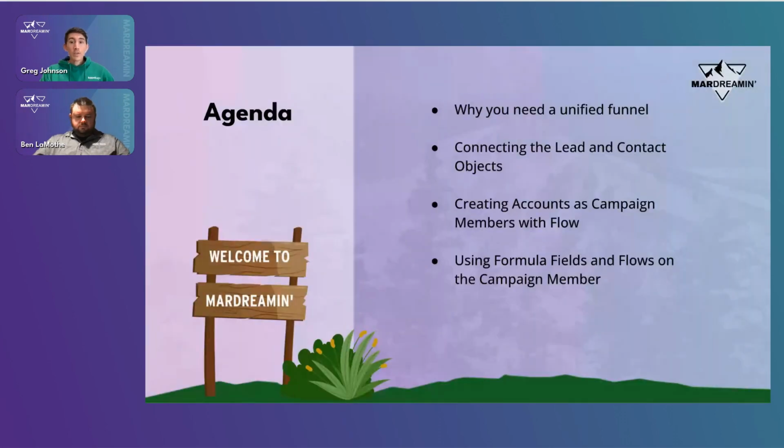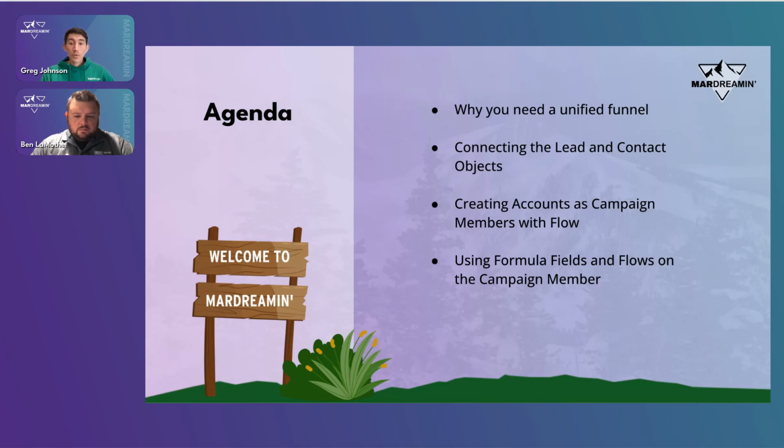So what we're going to cover today is why you need a unified funnel. If you're using leads and contacts, you're probably already very familiar with that. Then we'll talk about how you can connect the lead and the contact objects on the campaign members using some simple formula fields.